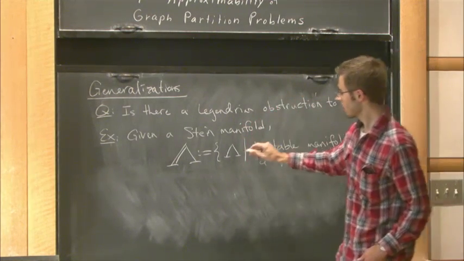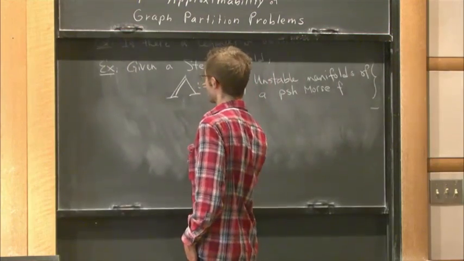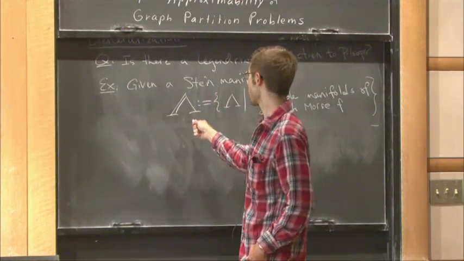So the question is, can we define a partial order on this set right here?